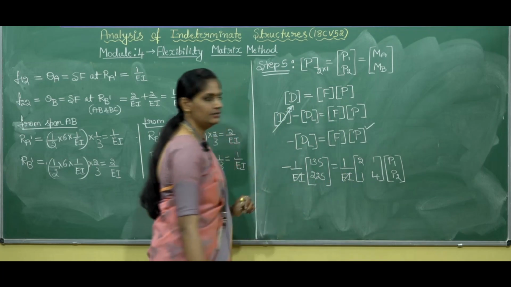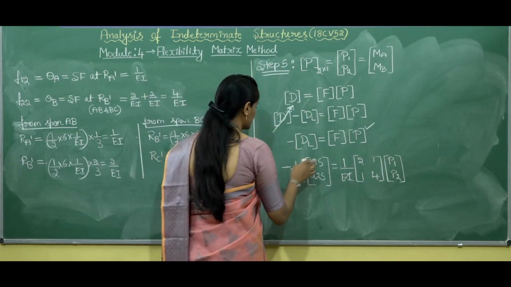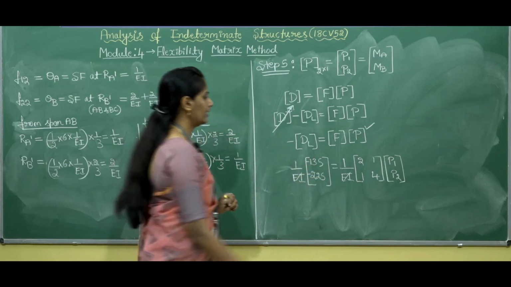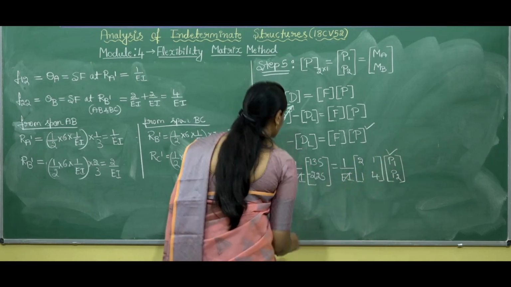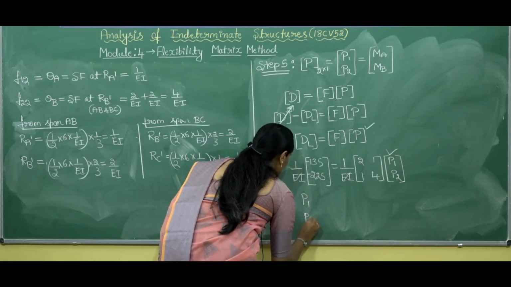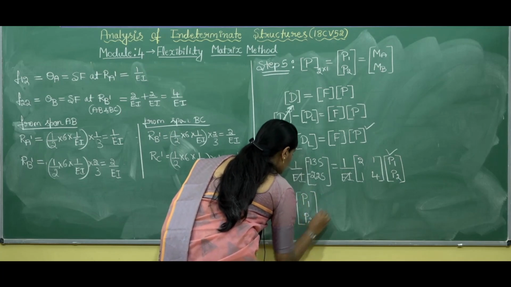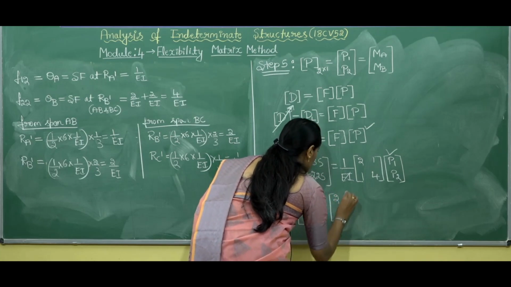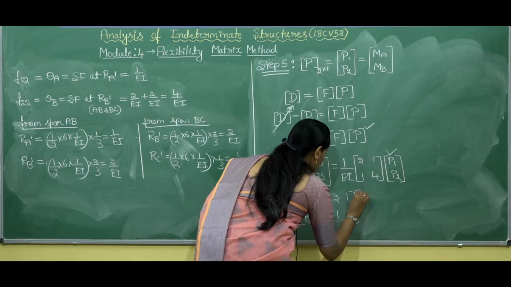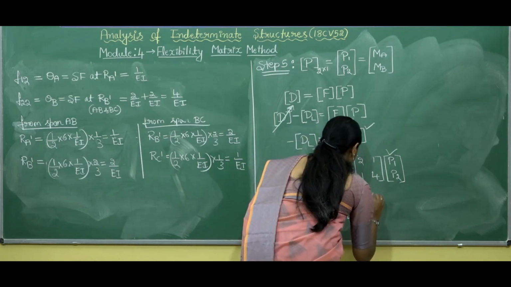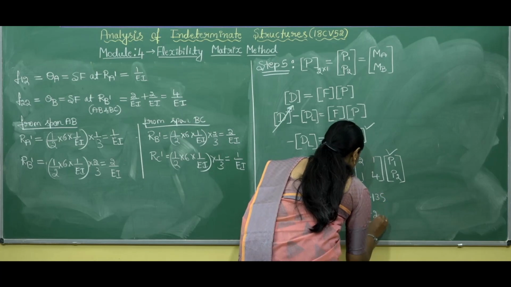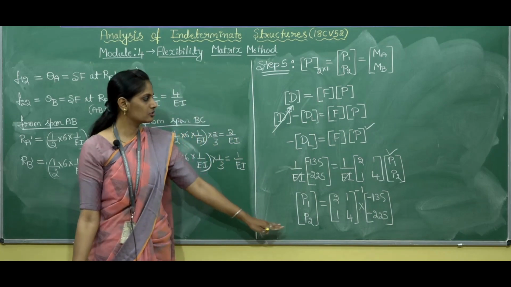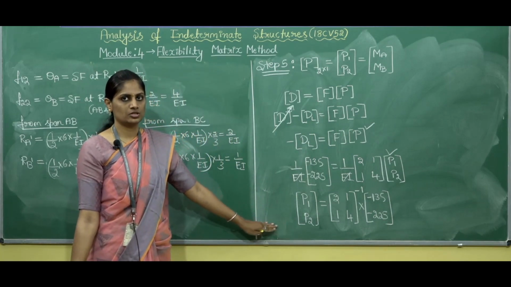EI and EI get cancelled. Taking the minus inside, we have minus 135 and minus 225. I want the P matrix, so on rearranging, P1 and P2 equals F inverse into minus 135 and minus 225. Like this you have to solve the equation.